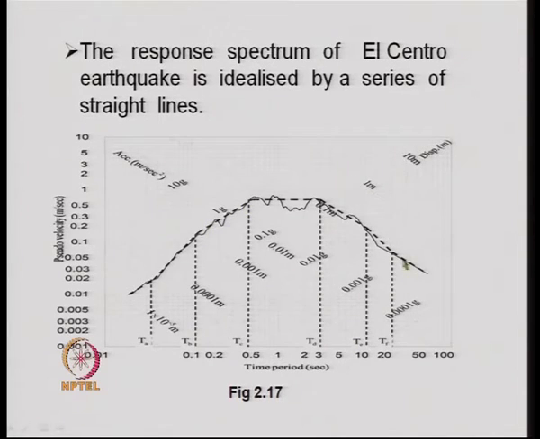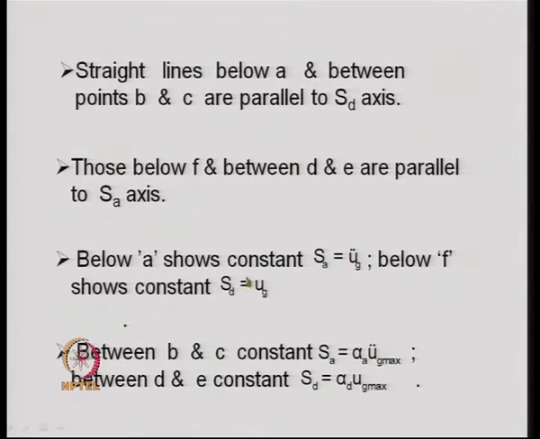Similarly, the maximum ground displacement, which is represented by this segment, and this portion of the segment which is parallel to this, shows a maximum displacement equal to some multiplication factor multiplied by the maximum ground displacement. So, that is what is written over here.